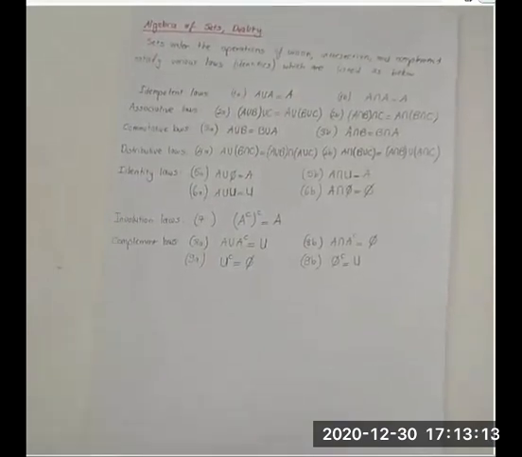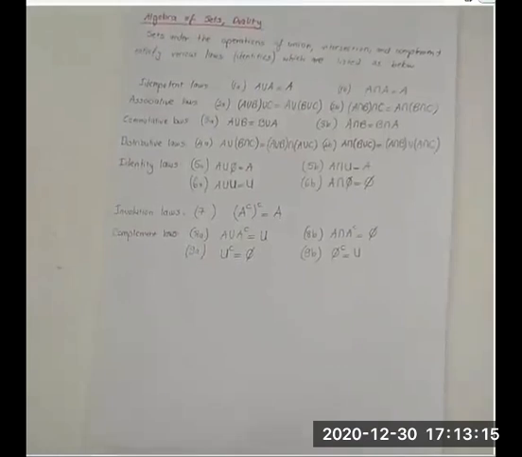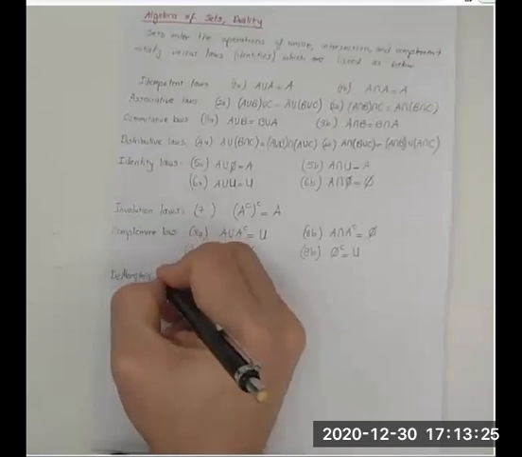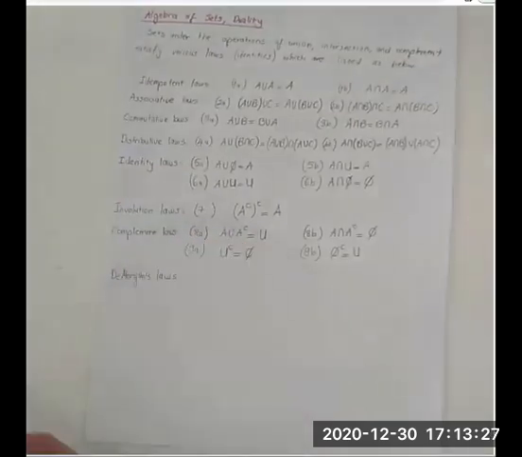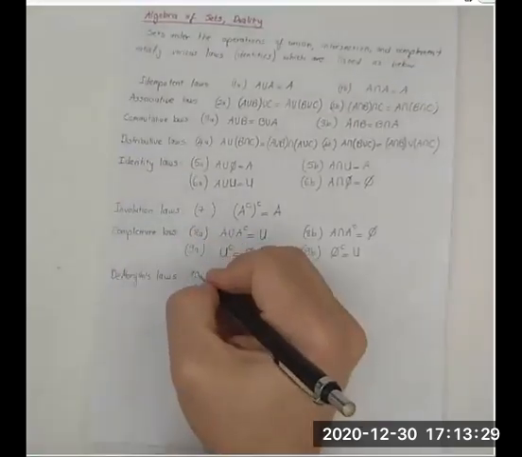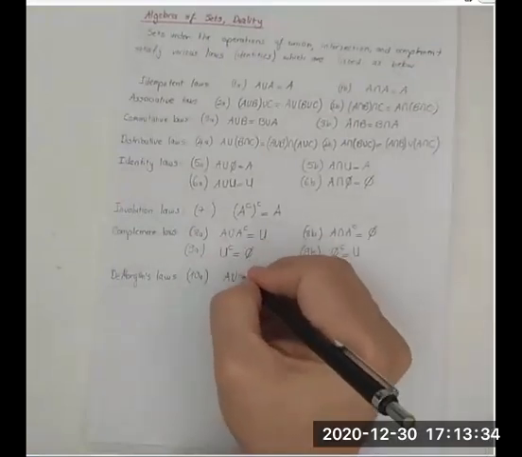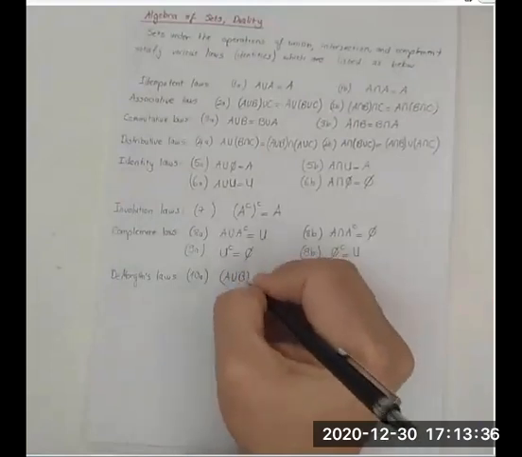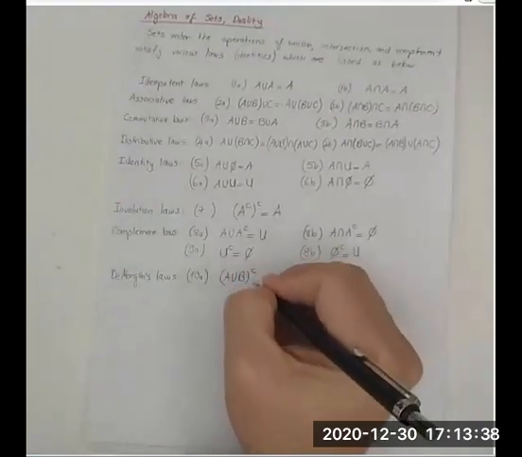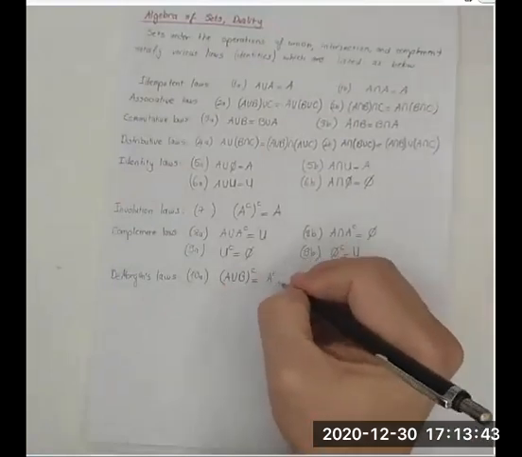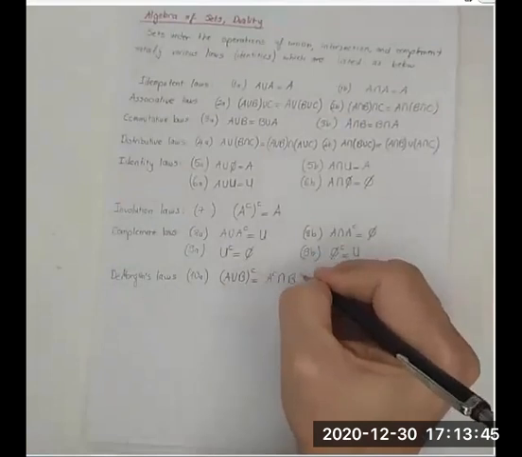And the next one is De Morgan laws. So this is 10A: A union B in parentheses, and there is a complement. This is equal to A complement intersection B complement.